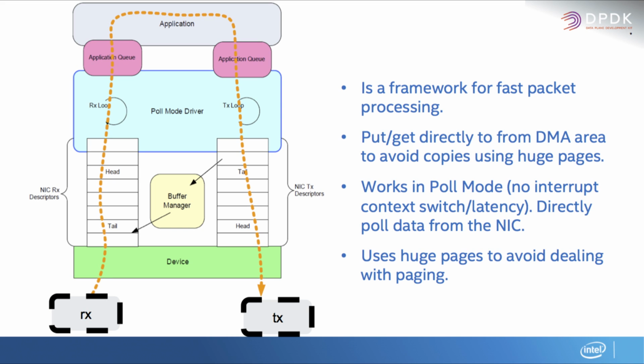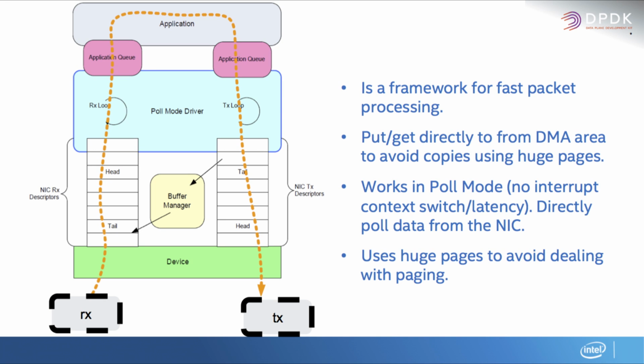Polling is bad when the packet rate of the NIC drops, as you are busy waiting for the packet to arrive. But with VNFs that run at full capacity at a high packet rate, polling is a non-issue. In the case of DPDK, packets are read directly from the DMA area to avoid any copies.